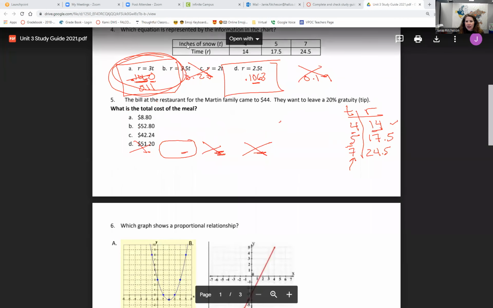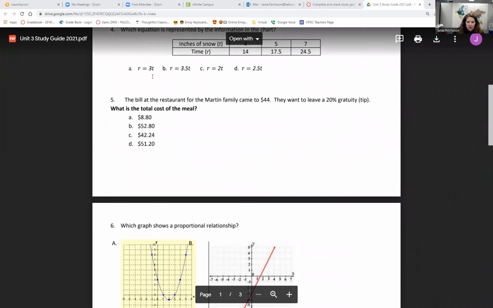All right, number 5. The bill at the restaurant for the Martin family came to $44. They want to leave a 20% tip. Alrighty. So they're going to pay the total cost, including the tip. So they're going to pay 100% of their meal, which is $44, plus they want to pay 20% more because they're leaving a 20% tip.